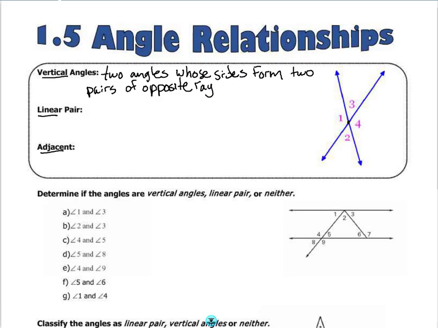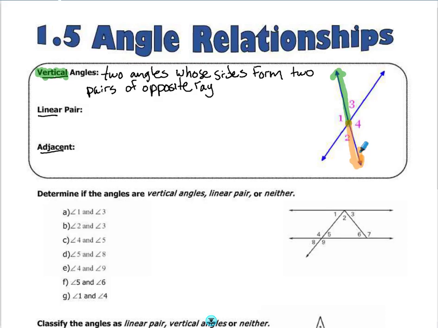And I'm going to use my highlighter tool here just to help you visualize what are vertical angles. So vertical angles would be angles that share a common vertex and their sides form two opposite rays. So right here between angle 1 and angle 3 I have one ray going this direction, and its opposite ray in orange here would be going off in the same vertex but in opposite directions.